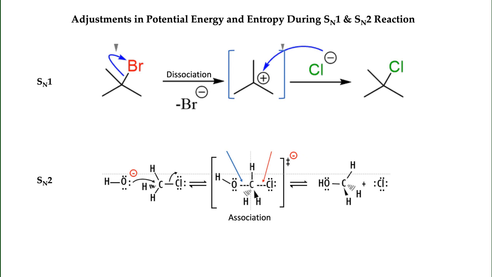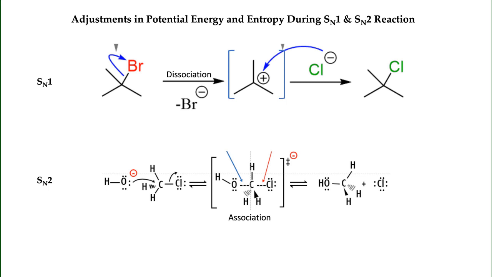Whereas in SN2, a primary carbon attached to a leaving group cannot generate a stable cation, and therefore it doesn't dissociate, but goes through a different mechanism called SN2, the association between the leaving group and the nucleophile.